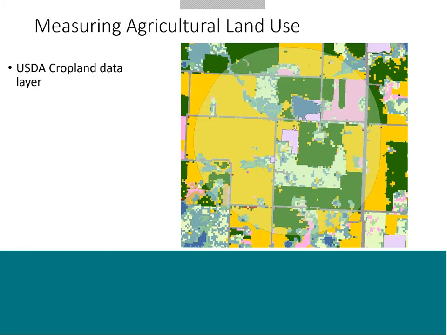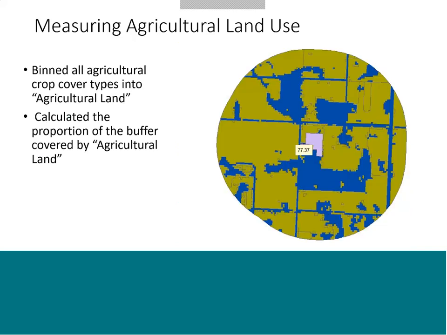Anything more than that doesn't really help me understand what might be going on, and it might be related to dispersal. People don't really know why this number seems to be the most predictive, but that's the basis for why I use it. So I drew this area of measurement, and then I calculated how much agricultural land is within the buffer from this site.